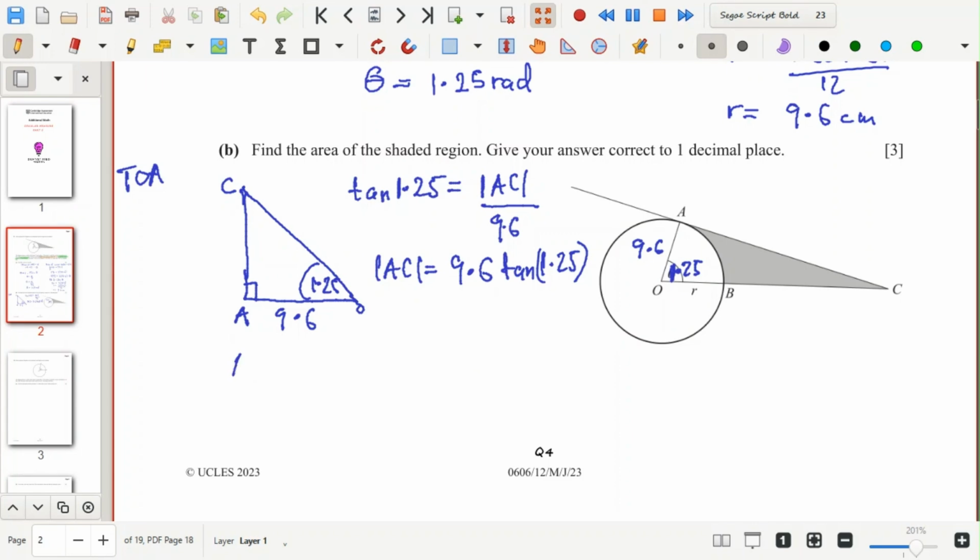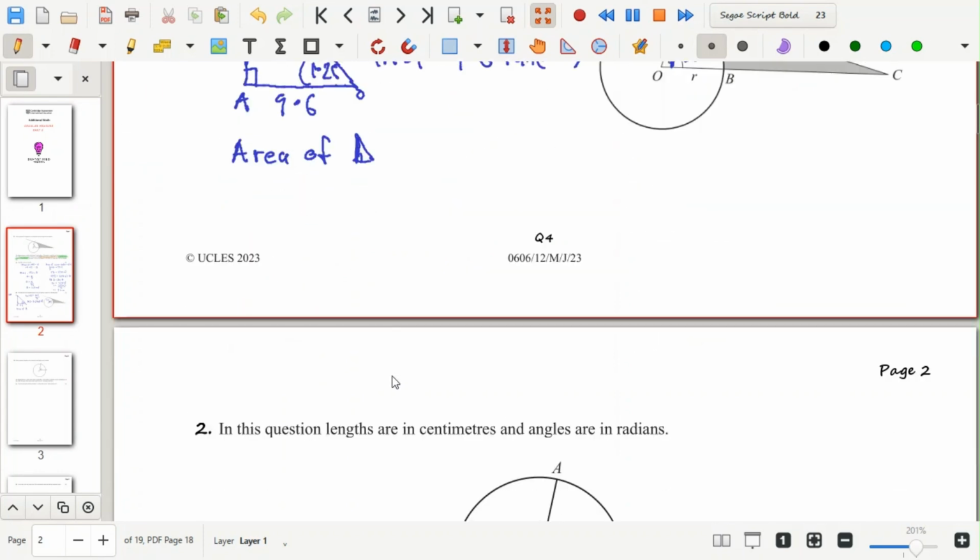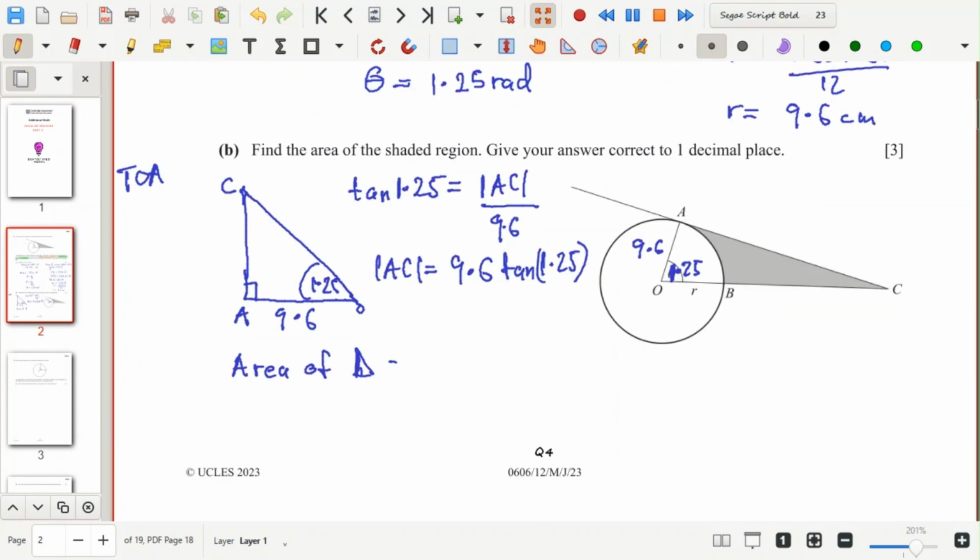So right now the area of the triangle is going to be half base times height. What's your base? Your base is 9.6. And what's your height? This is your height, 9.6 tan 1.25.